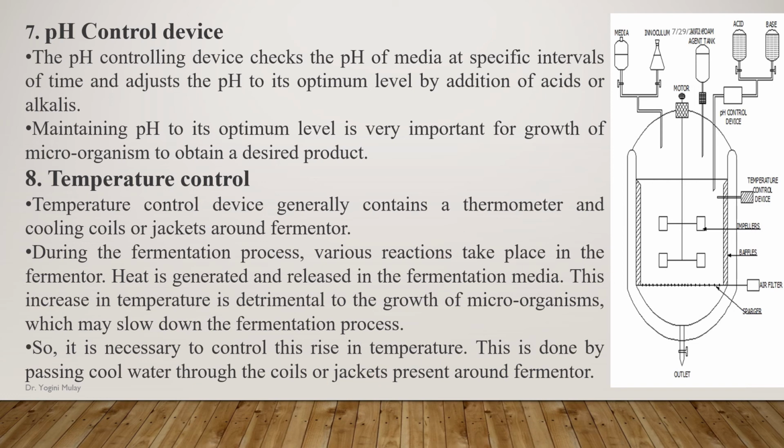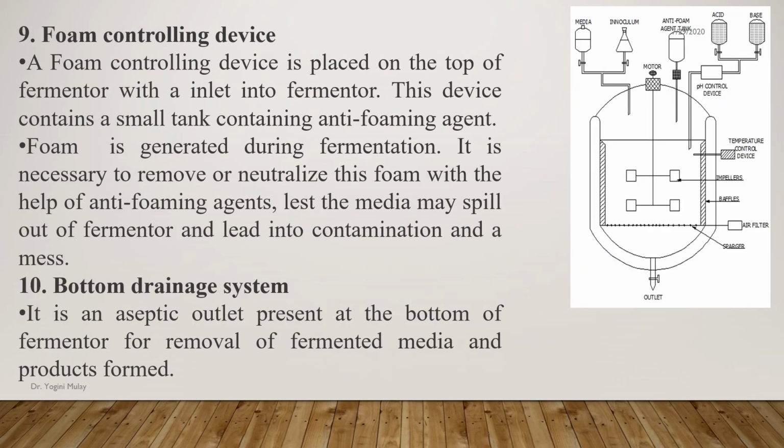Means in some cases we need to provide cooling water jackets, or in some cases we need to increase the temperature by providing hot water jackets. So both types of provision should be there.